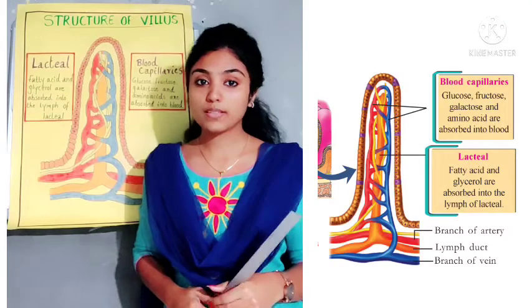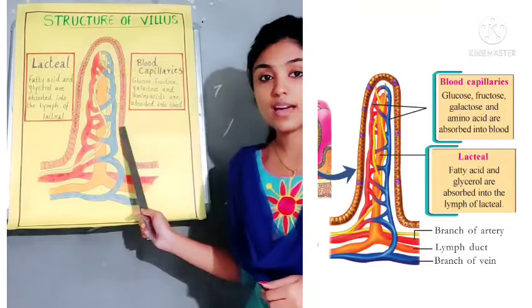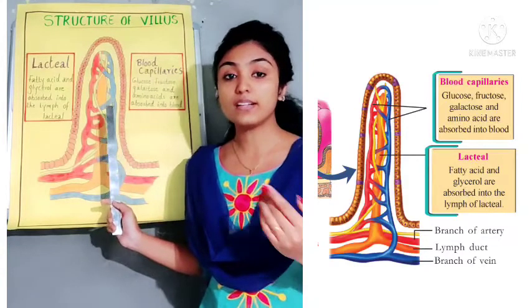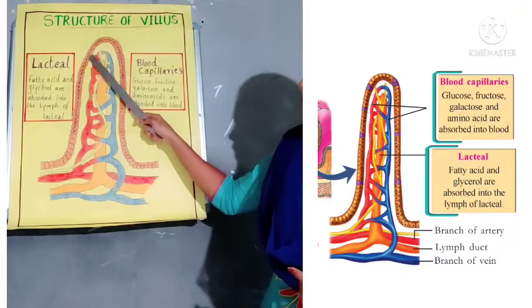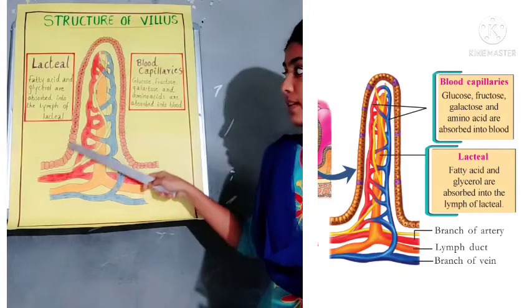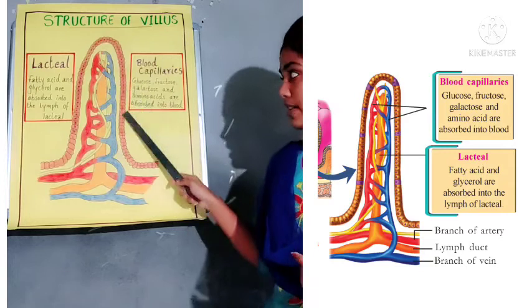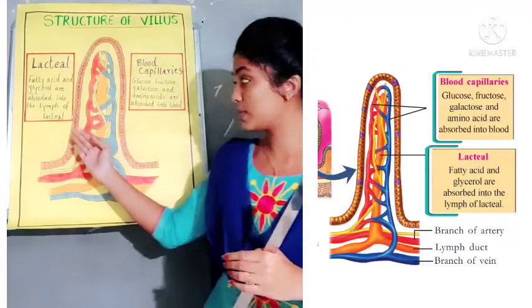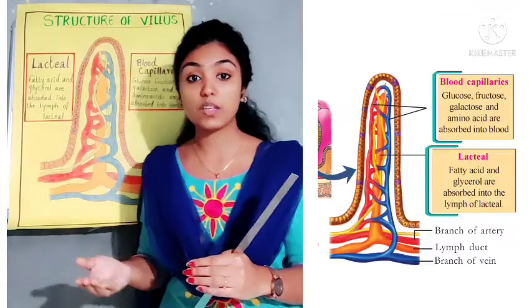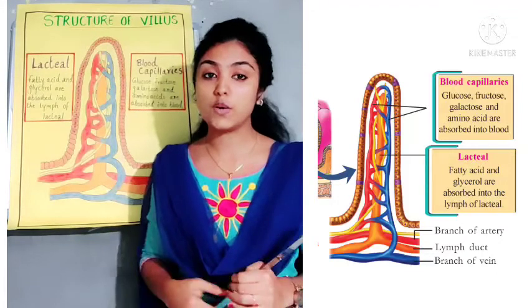And also you can see the structure of villi is covered with a single layer of cells. Here there is only a single layer. So what is the benefit of this? This single layer of cells helps in improving the process of absorption of nutrients.